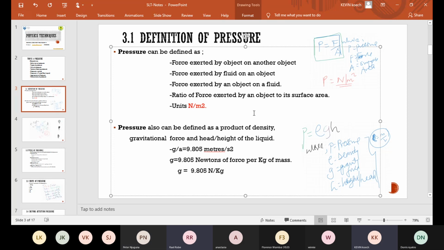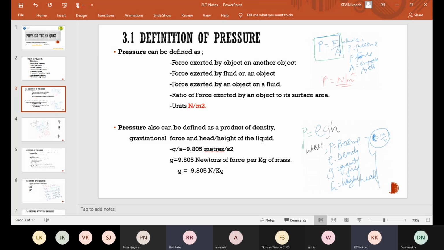The first one was in terms of force divided by area. The second one is in terms of rho GH. This is physics also, so you may put your formula and define it. If you say pressure equals force over area, please define what is P. It is pressure.